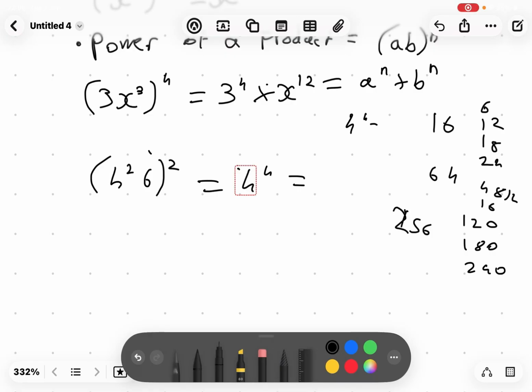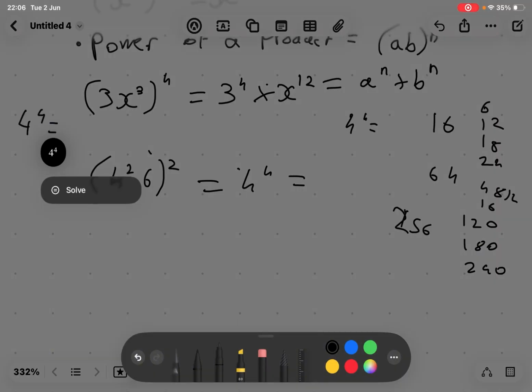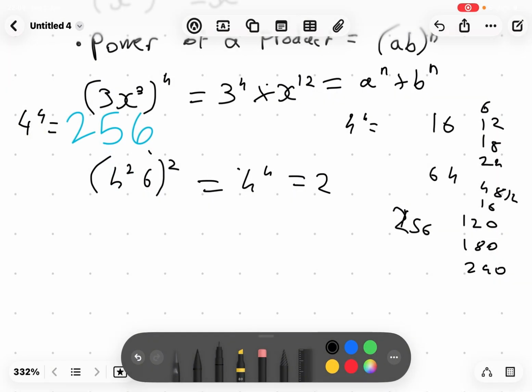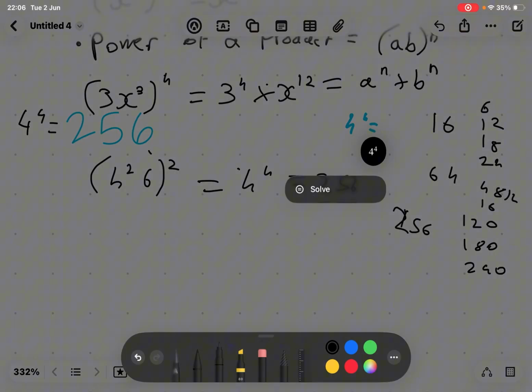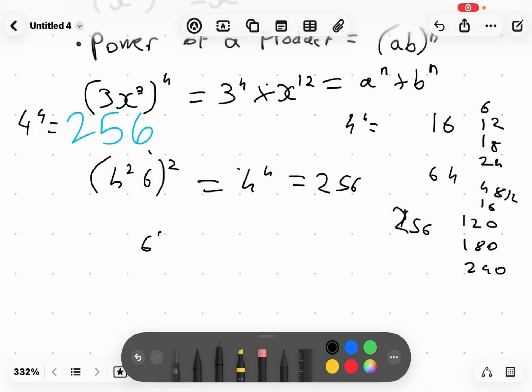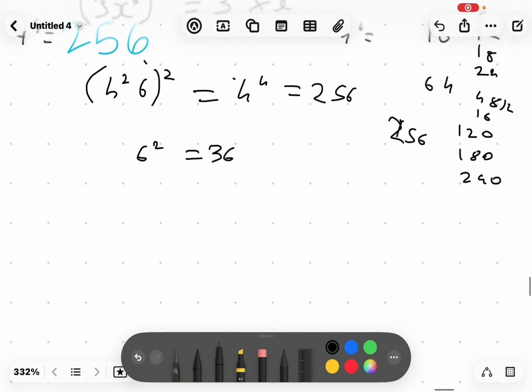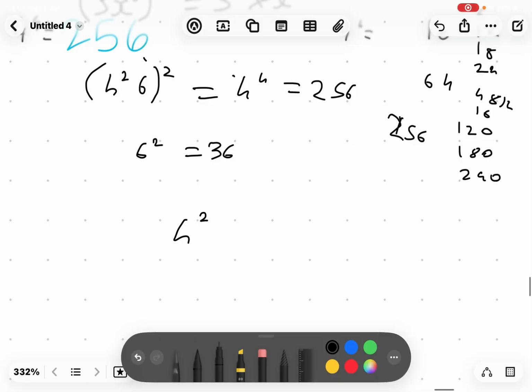Let's just check if I'm right. Yep. And then 6 to the power of 2 is just 36. Then basically, you'd multiply these numbers together, and I'm not going to work that out. I'm just showing you how it works.